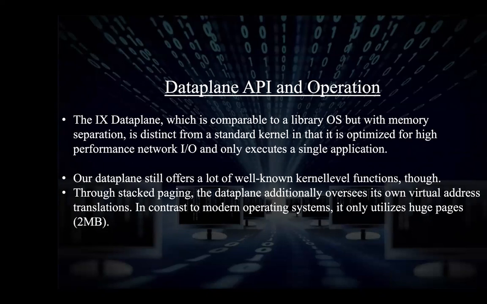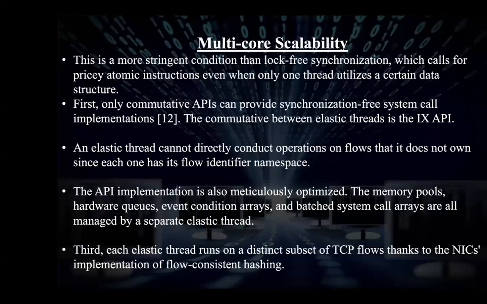Our data plane still offers a lot of well-known kernel level functions, though through stacked paging, the data plane additionally oversees its own virtual address translations. In contrast to modern operating systems, it only utilizes huge pages, those are almost equal to 2 MB.